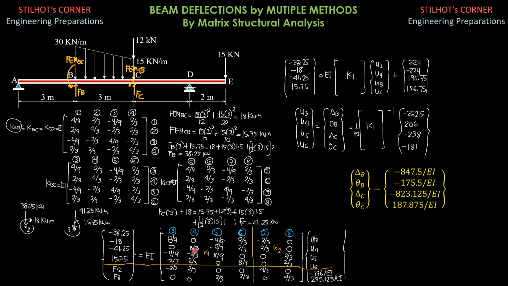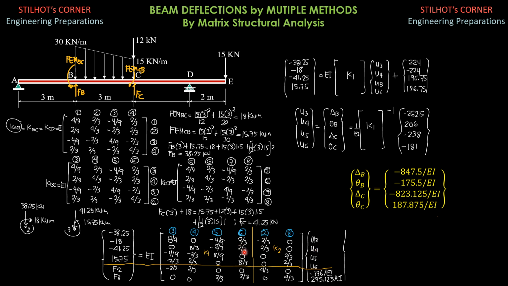Then this is 4, 4. I will not continue. I'll just give you some examples. So 4, 4, we have 4/3 here and 4/3, so 4/3 plus 4/3, 8/3. 4, 5, we have negative 2/3 here.